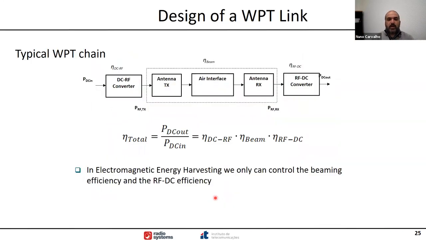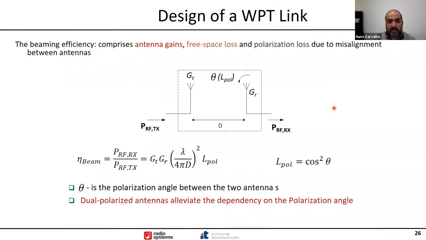So how do we overcome this overall efficiency? How can we maximize this overall efficiency? Well, by maximizing each block independently. So we have to maximize the DC to RF efficiency, we have to maximize the beam efficiency, including the antennas on the transmitter and receiver, and you have to maximize the RF to DC conversion efficiency again.